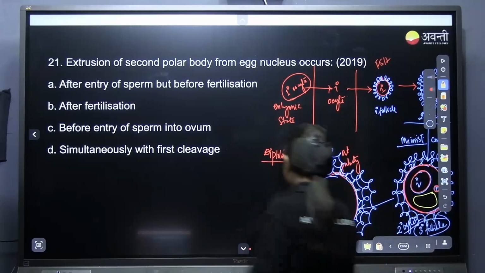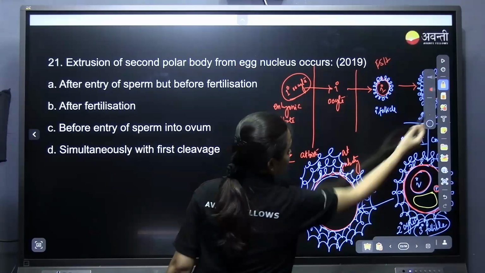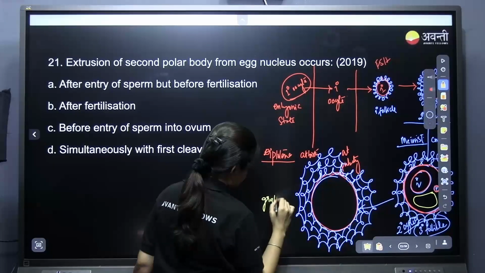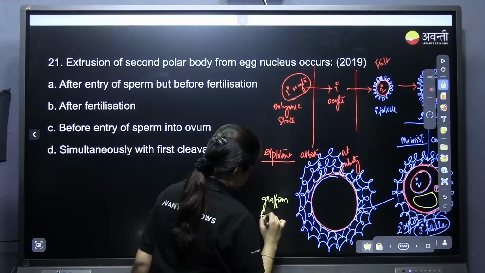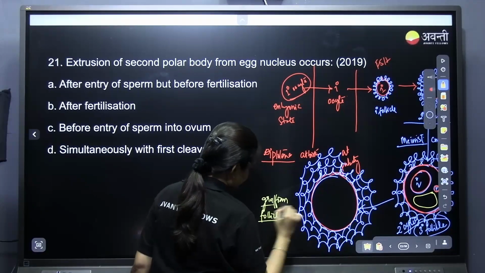This particular stage we call the Graafian follicle.